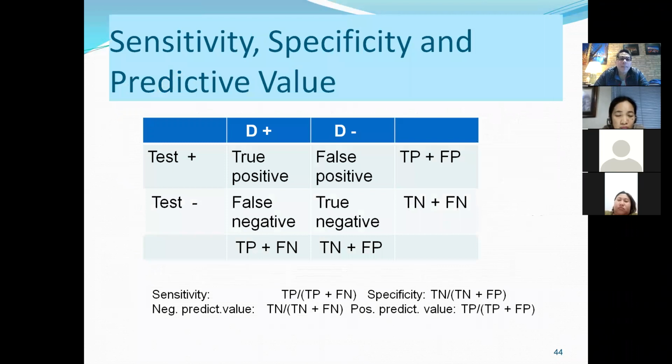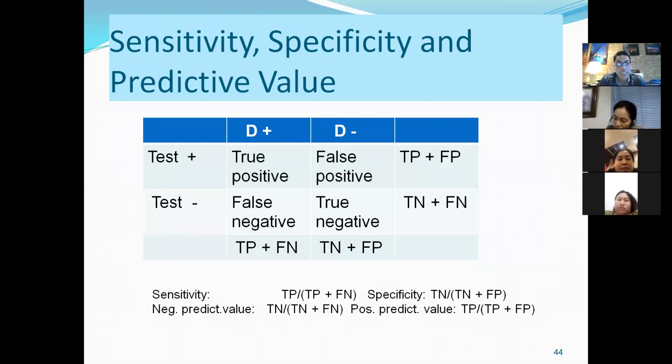So here's an example of, again, the 2x2 table. Your column on the left is those that test positive and those that test negative. We call the D plus, true positive, and the D minus are the false positive.